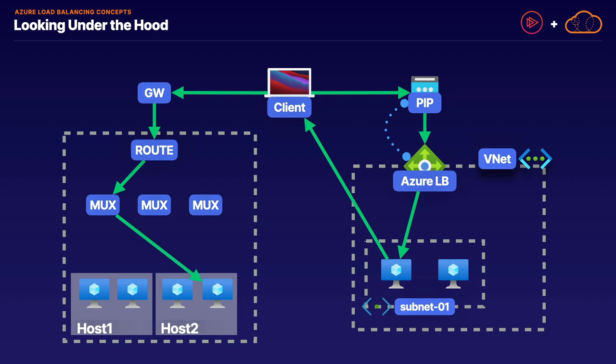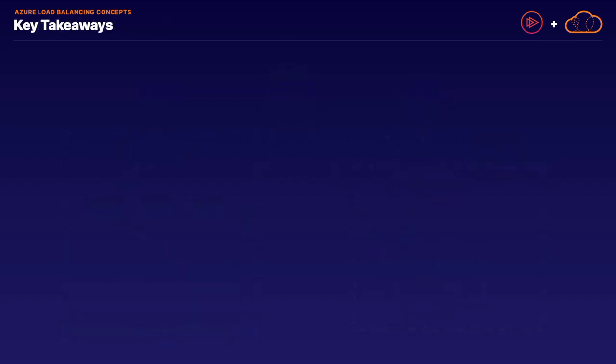And then that virtual machine is able to respond to the client directly. This is called direct server return. Now, this is what's going on under the hood here. It's multiple solutions that are abstracted away from us that are running on Azure and presented to us as a load balancing solution.